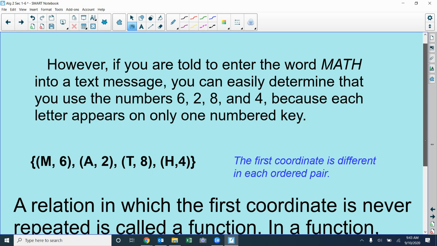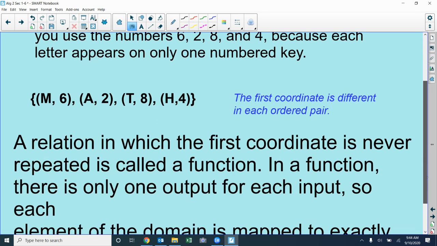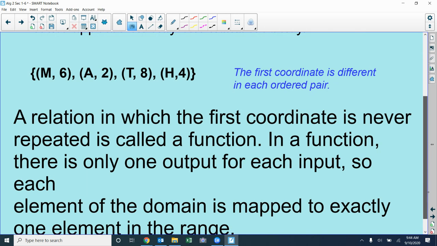We've already talked about this. If you're told in text, you determine that 6, 2, 8, and 4 each appear only once. Here is the key. A relationship in which the first coordinate, what is the first coordinate? Our domain, our input, is never repeated, is called a function.